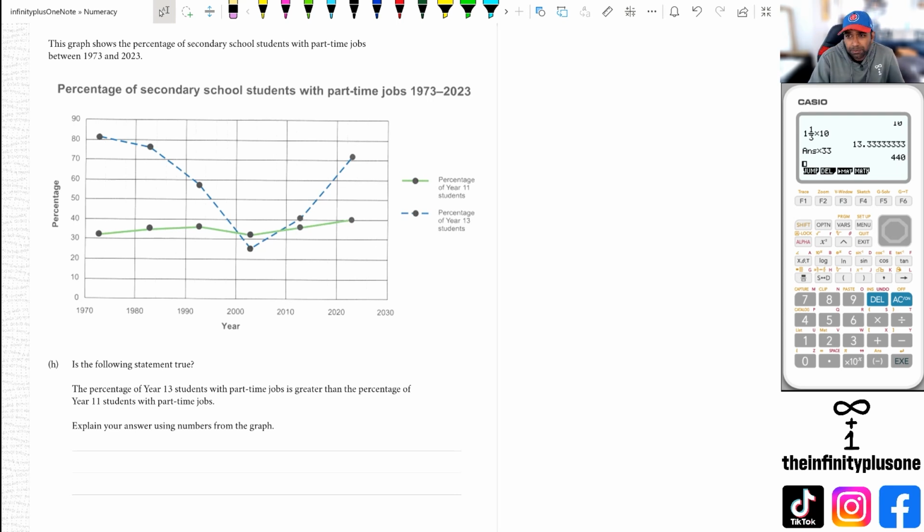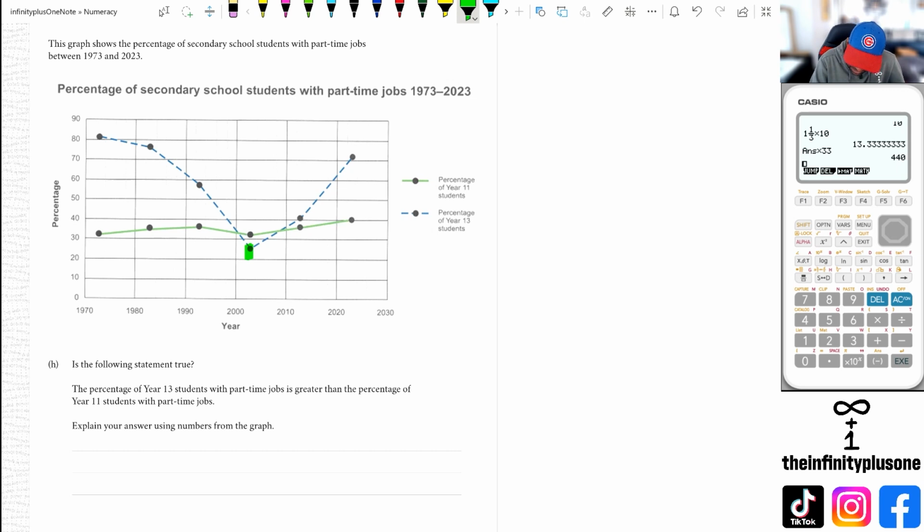Now, folks, for this question there are quite a few things you can say here. When you look at the percentage of year 13 students, apart from the year, I don't know, it looks like 2003 maybe, you can almost say that the percentage of year 13 students with part-time jobs is always bigger than the percentage of year 11s.